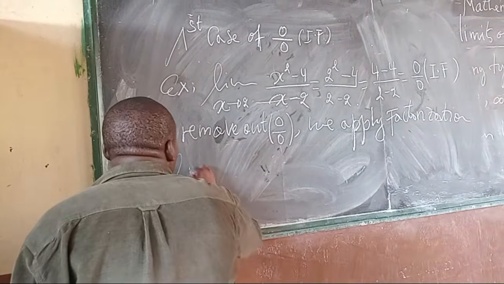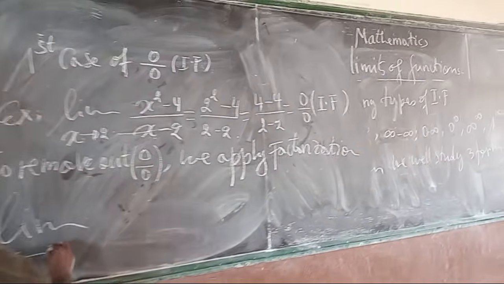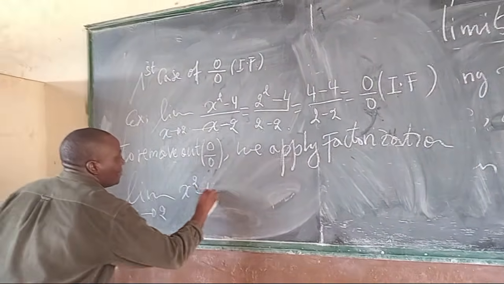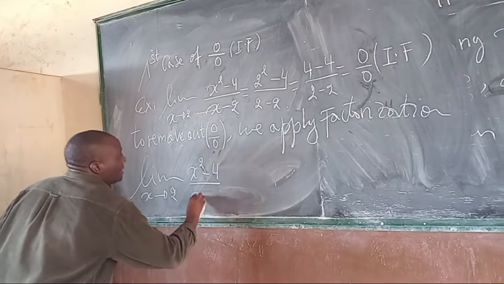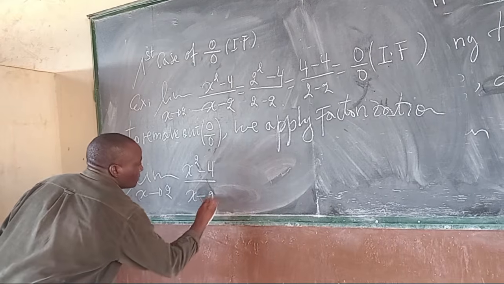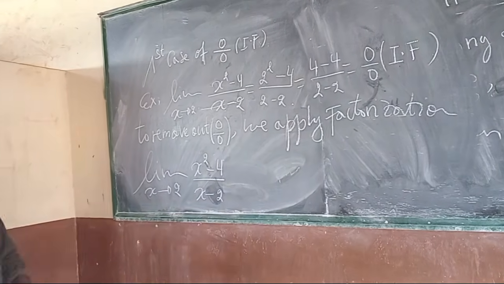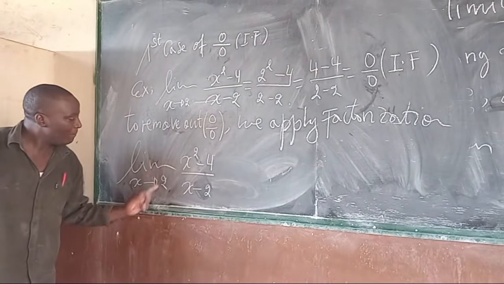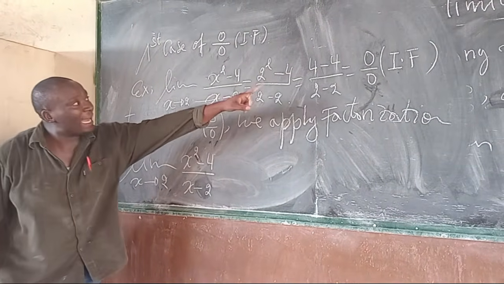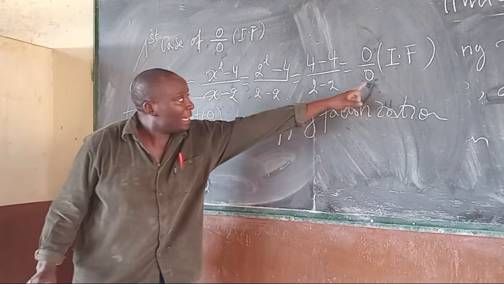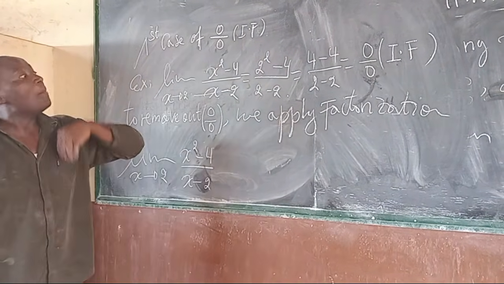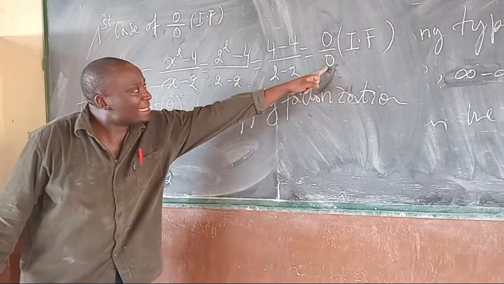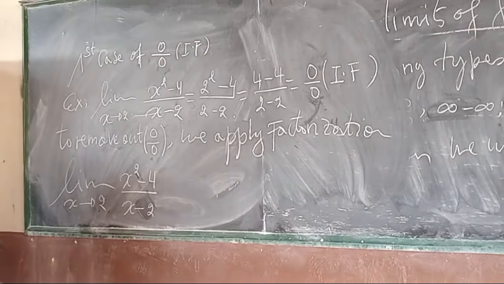Then the question: we have the limit where x approaches 2 of x square negative 4 out of x negative 2. Teachers, see me clearly, because when I replace the value of x by 2 here at first, I meet a barrier 0 out of 0. I'm going to apply factorization so that I can reject this indeterminate form.